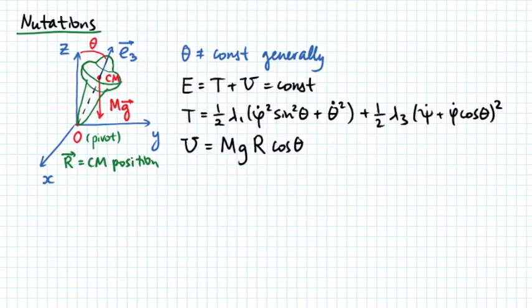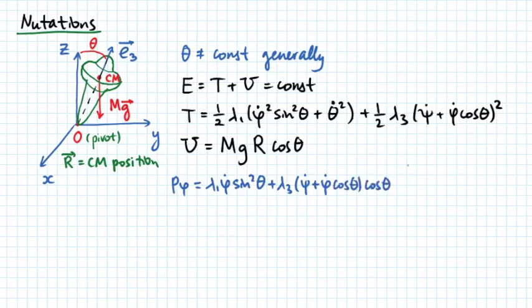We also found last time that the generalized momentum p phi, which we found to be lambda 1 phi dot sine squared theta plus lambda 3 times psi dot plus phi dot cosine theta times cosine theta, is constant, which we were able to identify as the z component of the angular momentum relative to the space frame.